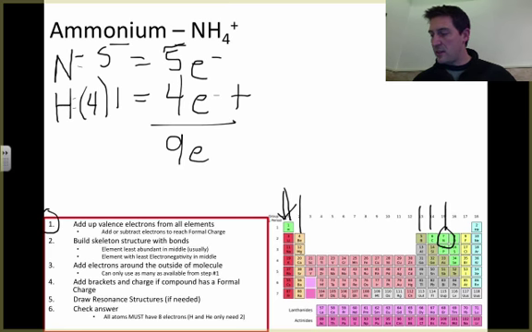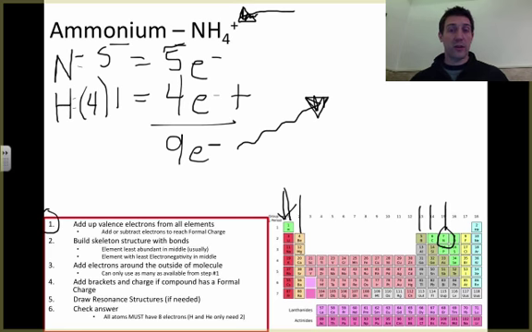Now here's an interesting thing. This plus means that my ammonium has an overall positive charge. Now we know that electrons have a negative charge. So if one of these electrons were to go away, I would have 1 fewer electron than I did before, which means I would now have an overall positive charge.